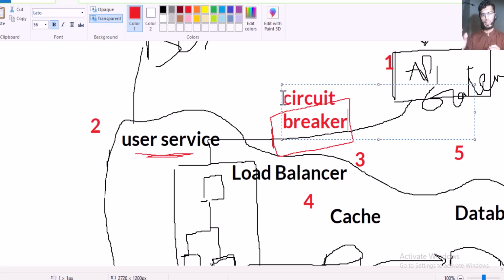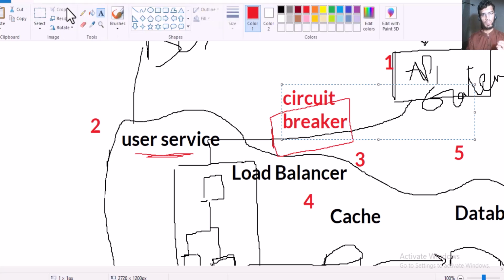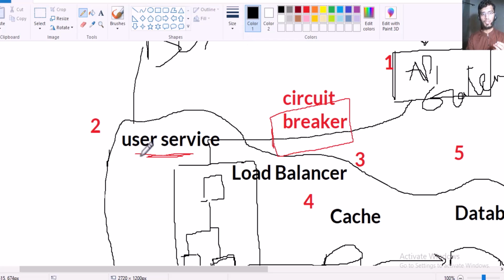For example, the API gateway directs the request to the user service, but let's suppose this user service does not respond, so the request will occur again, so there will be retries. It might be possible that this user service is slow or shut down.